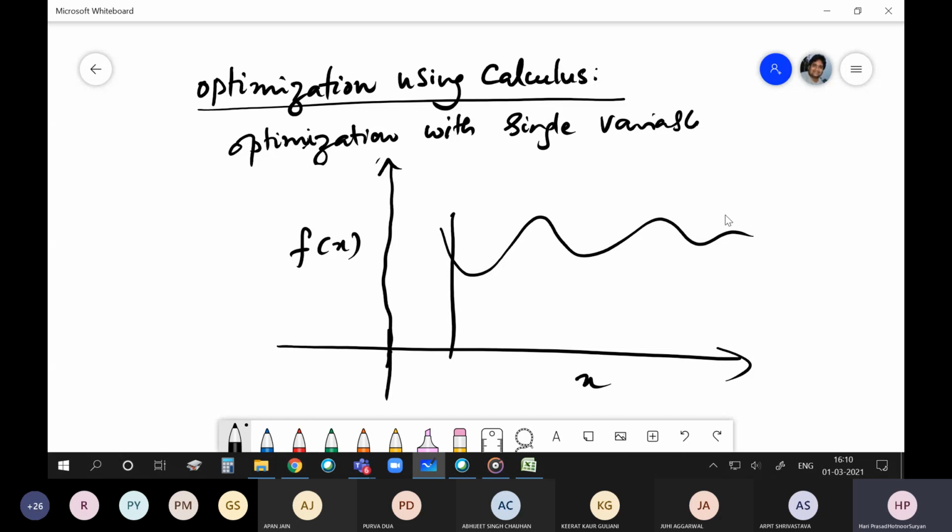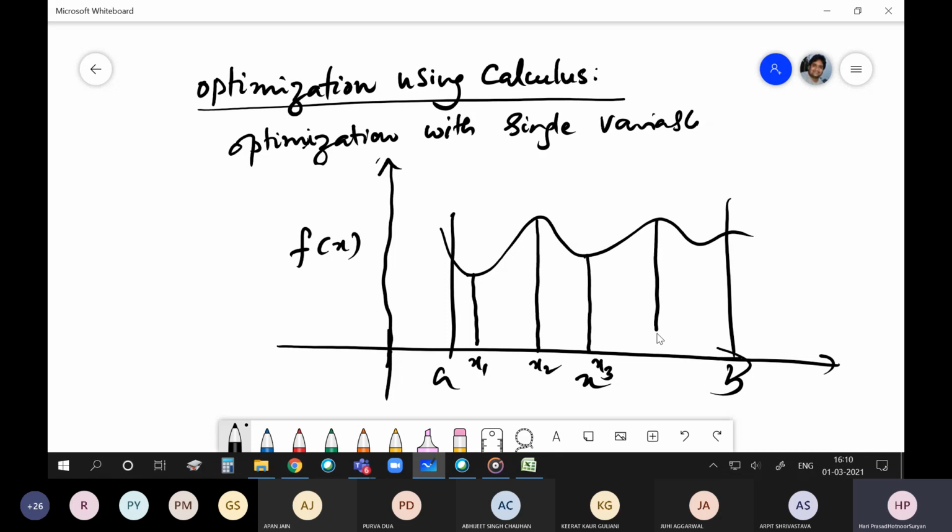I am considering my optimization in this range a to b. Let us say this is x1, this is x2, this is x3, x4 and x5.